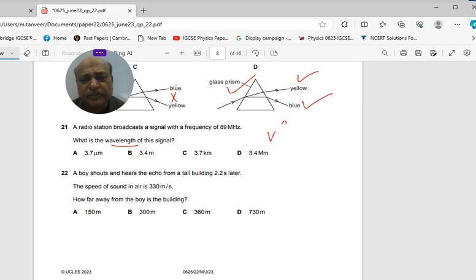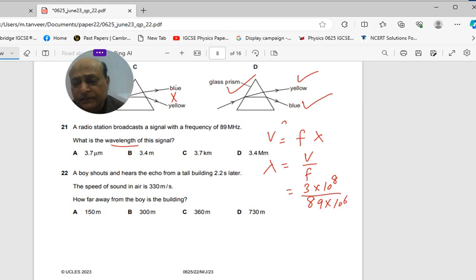You remember V equal to f lambda. This is very simple. Frequency is given. You have to find the wavelength. So lambda equal to V over f. V is constant, that is 3 into 10 raised to the power 8. And frequency is in megahertz, that is 89 into 10 raised to the power 6.